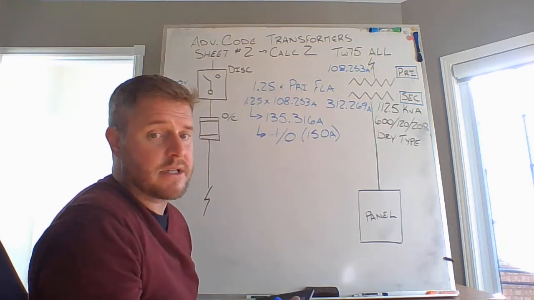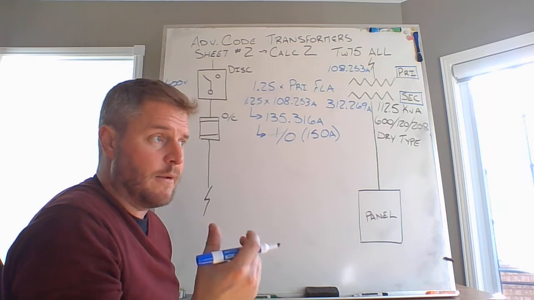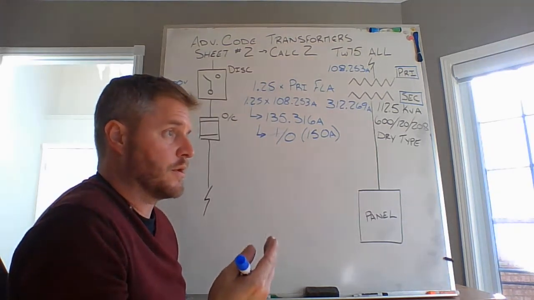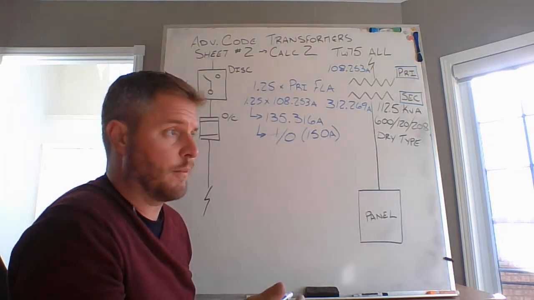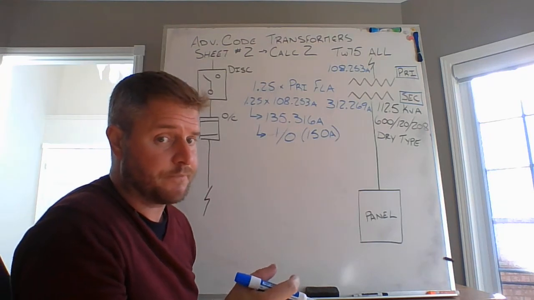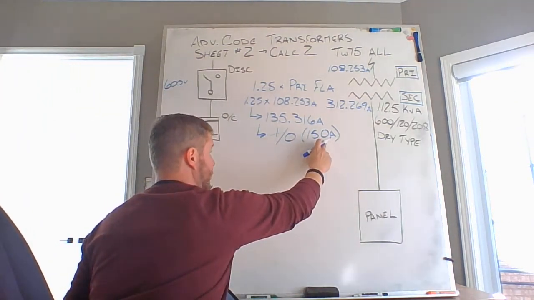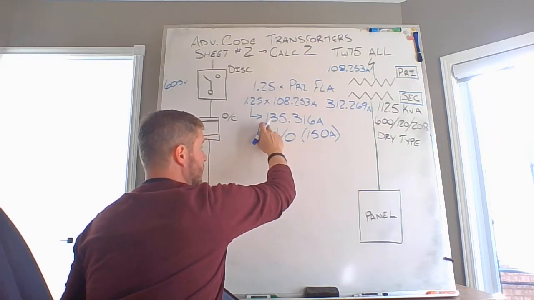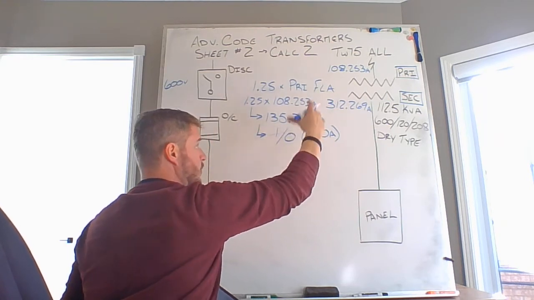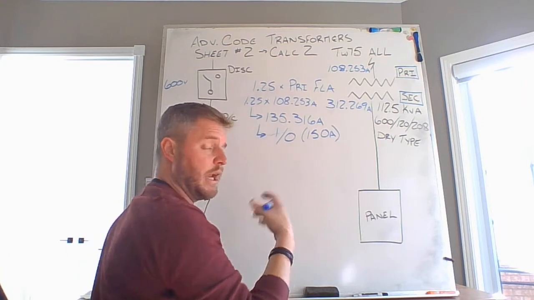Now, like I said, this differentiates a little bit between transformers versus motors, hermetic refrigerant motor compressors, and welders. I'm installing the 1-aught conductors that are good for 150 amps, but I wouldn't want to downsize my current value. I don't want to choke that transformer in this situation.